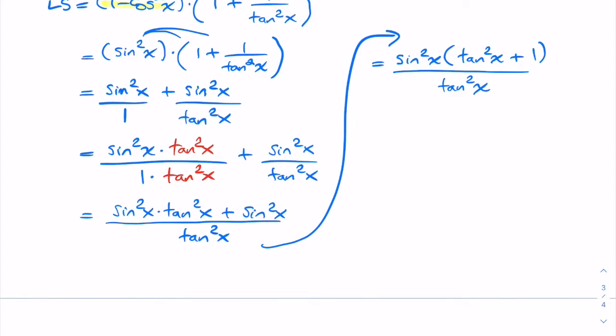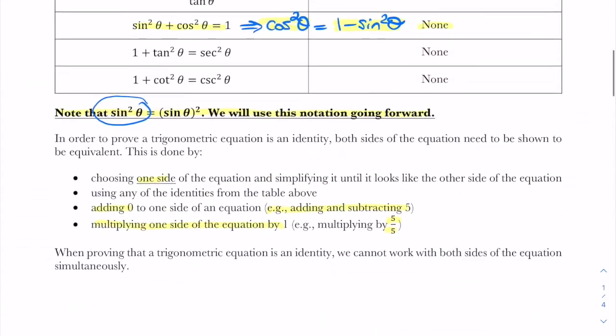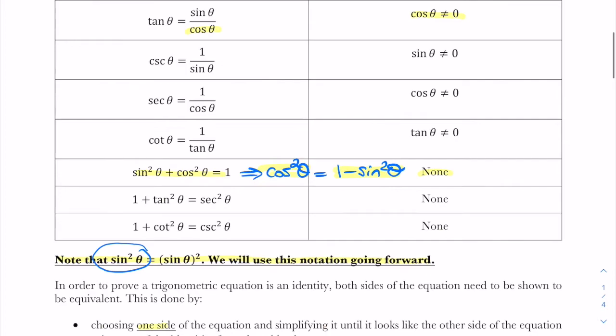Where have you seen tan squared x plus 1 before? This expression looks familiar to me. Let's go back to the table on the first page for a moment. And there we go. Look at the second last identity. Here, let me clean this up a little bit. One moment.